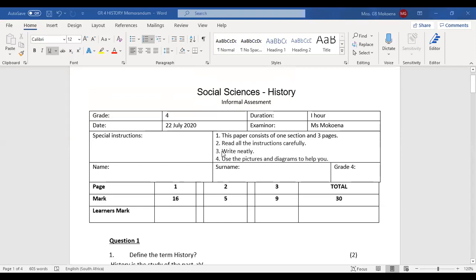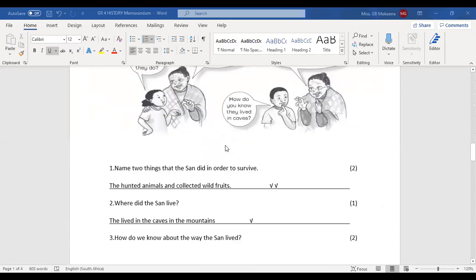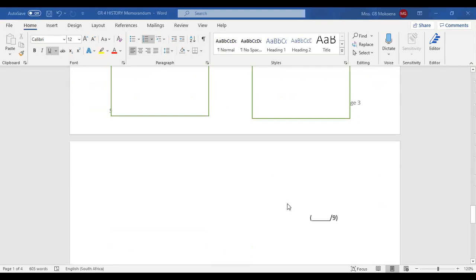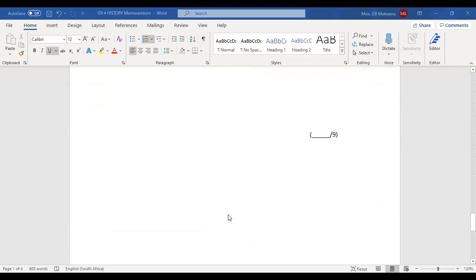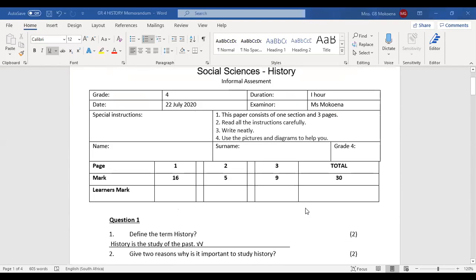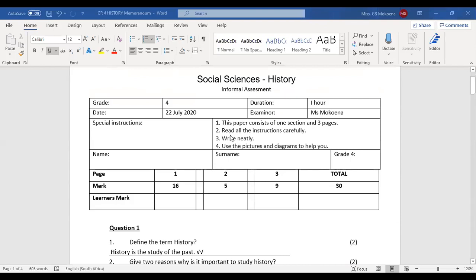Instruction number 1 says, this paper consists of 1 section and 3 pages. Check if your paper has 3 pages. Mine here has 4 pages, but that was just a mistake. Your paper must consist of 3 pages.